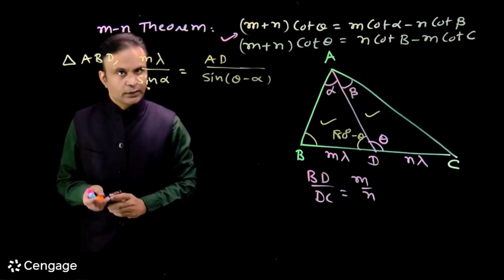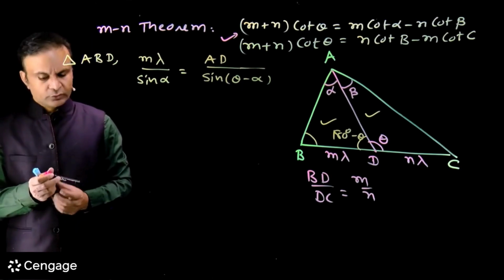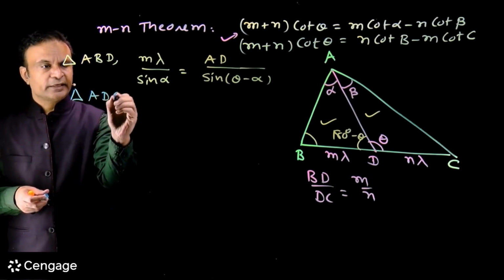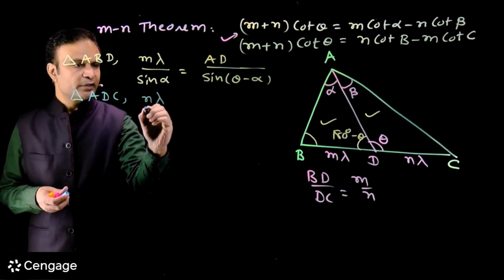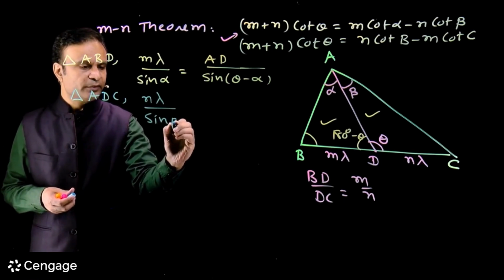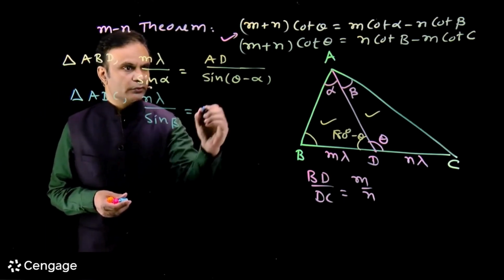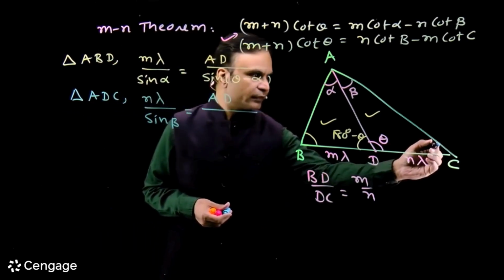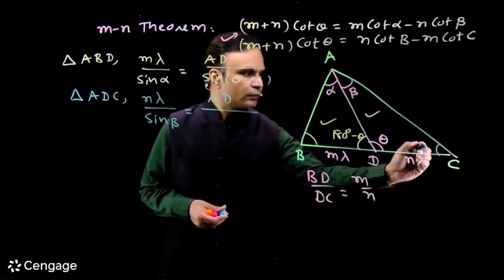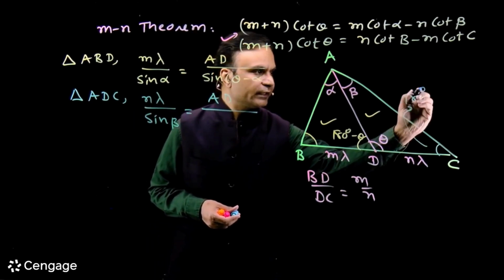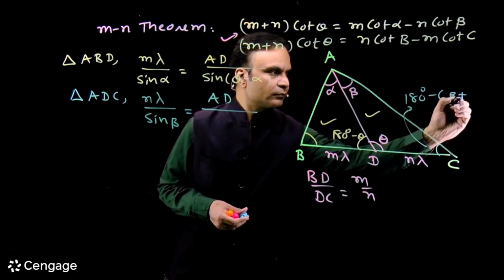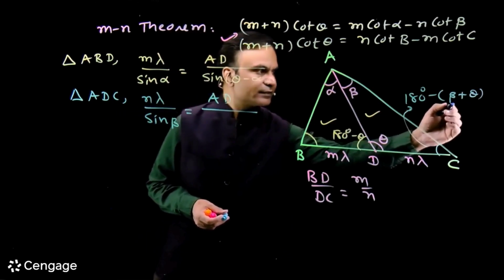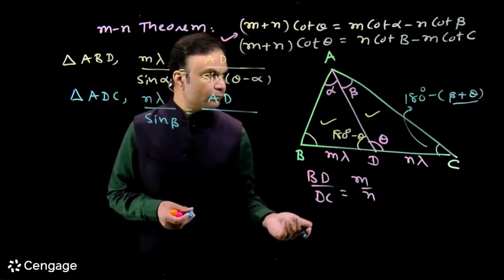Okay, now we use the sine rule in triangle ADC. In triangle ADC we have n lambda upon sine beta. This is equal to AD upon sine of this angle, and this angle is 180 degrees minus (beta plus theta). Sine of 180 degrees minus this is equal to sine of beta plus theta.